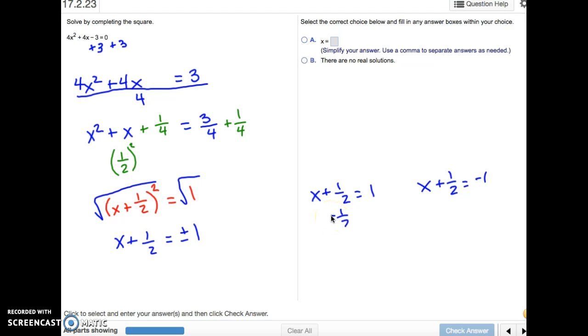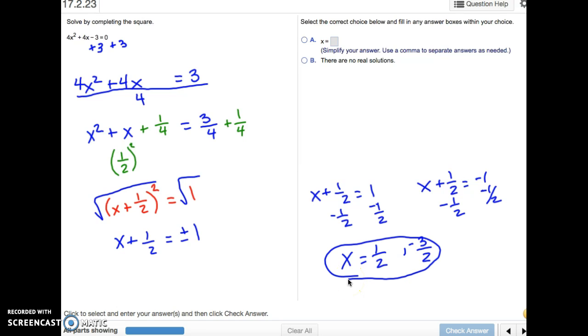Subtract the half over. So x equals 1/2. Subtract the 1/2 over. And then I get -3/2. So those would be my two answers.